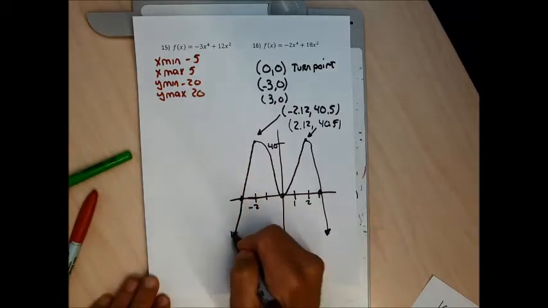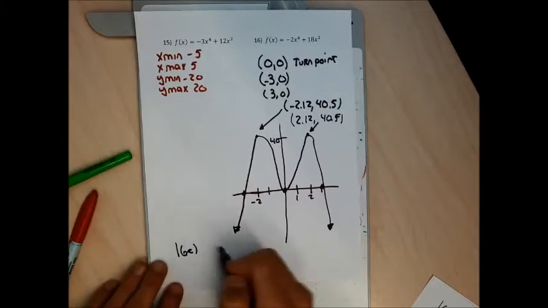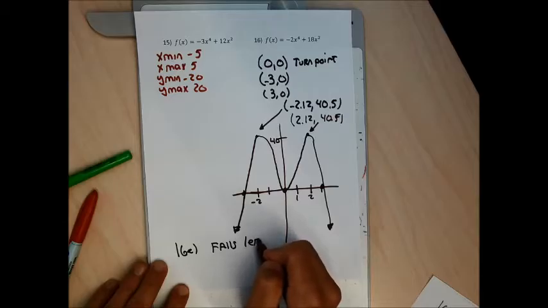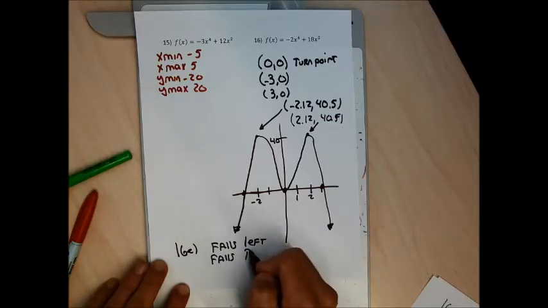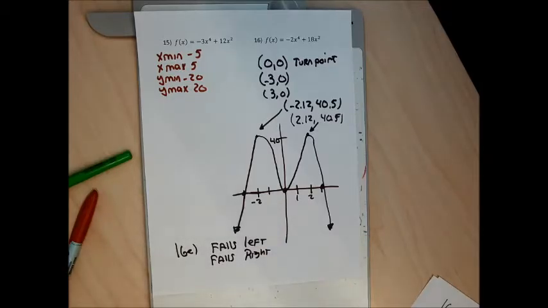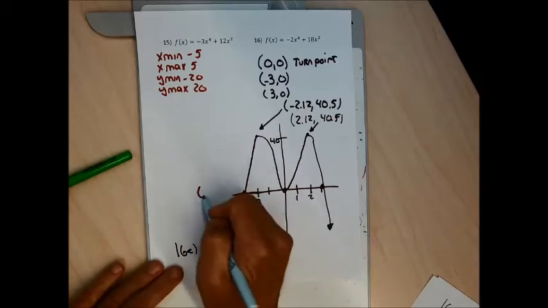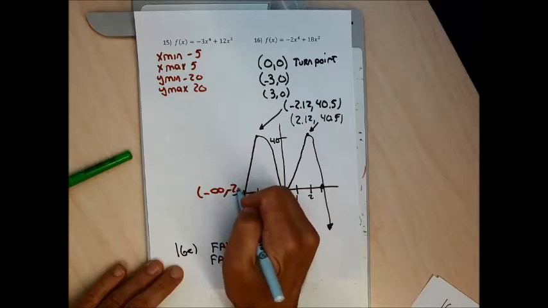So when I go to do part E, the end behavior, we're going to say it falls to the left and it falls to the right because both of those arrows are pointing down. Now I need intervals for increasing and decreasing. The first interval is going to go from negative infinity to negative 2.12.